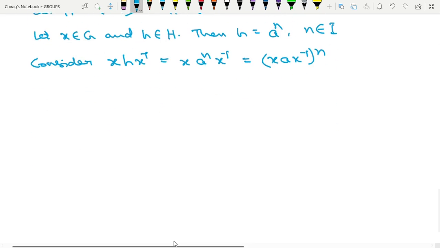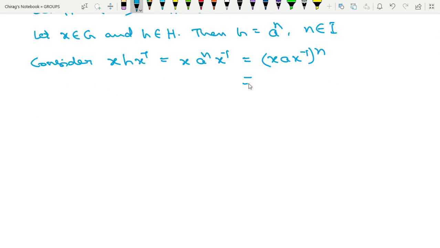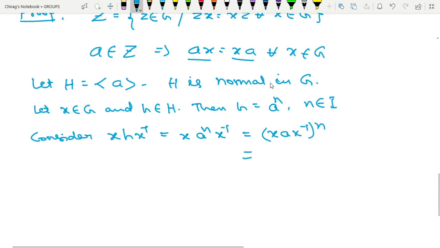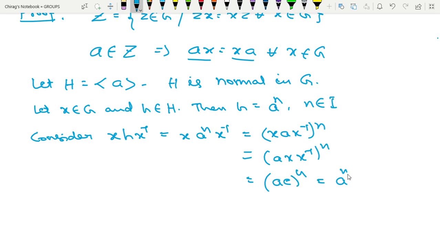And now this is equal to, see here, xa is what? xa is ax. So we can write here in place of xa, ax into x inverse, whole power n. Now x x inverse is e. So therefore this is (ae) whole power n, which is equal to a to the power n.